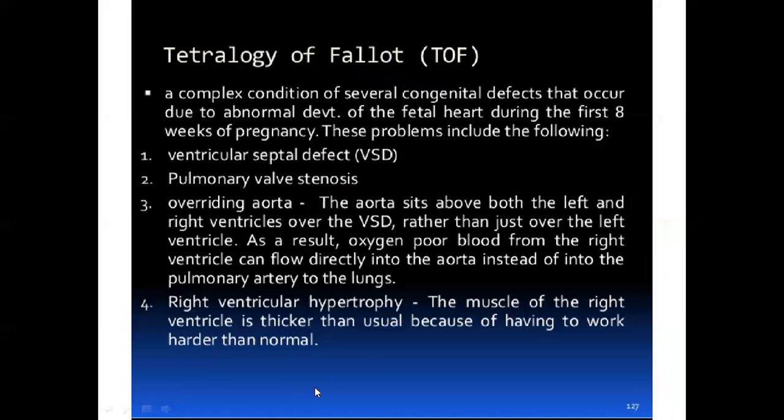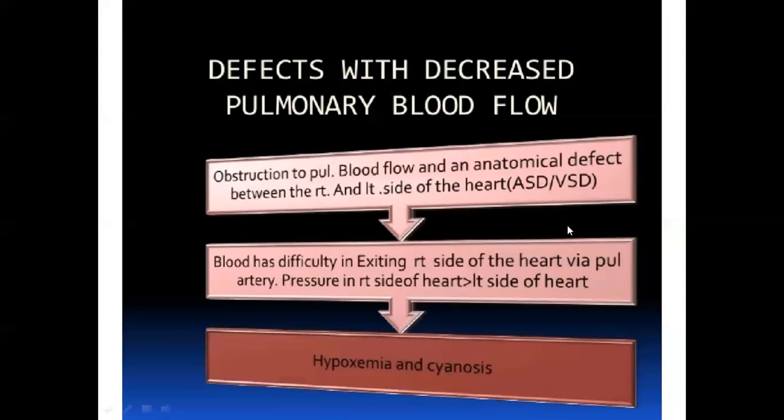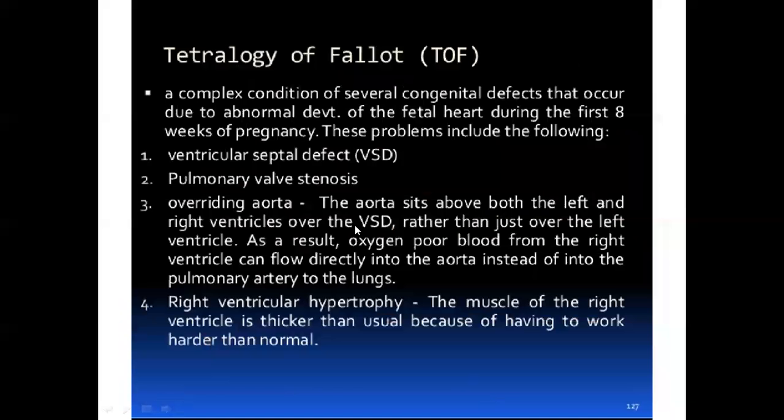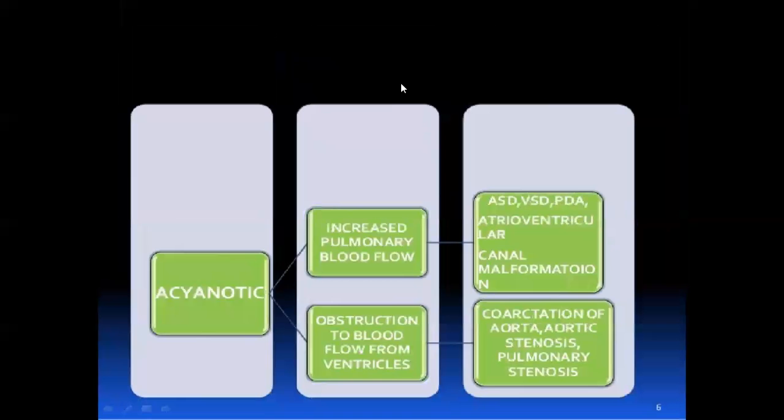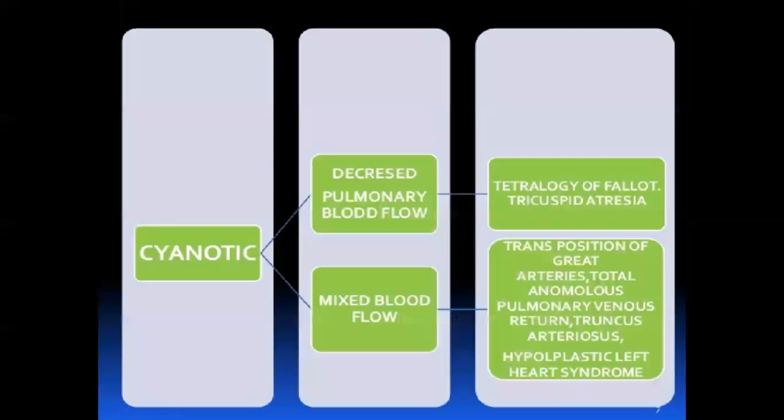In the previous session we talked about ASD and VSD, and now we will talk about tetralogy of Fallot. That is part of cyanotic congenital heart disease.